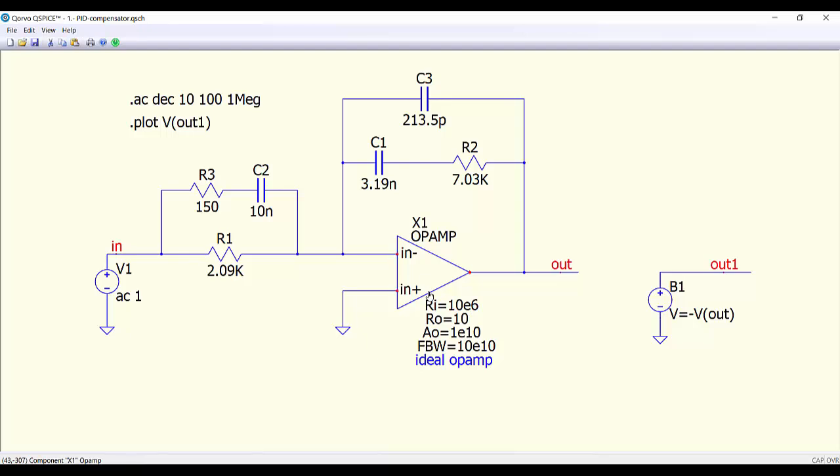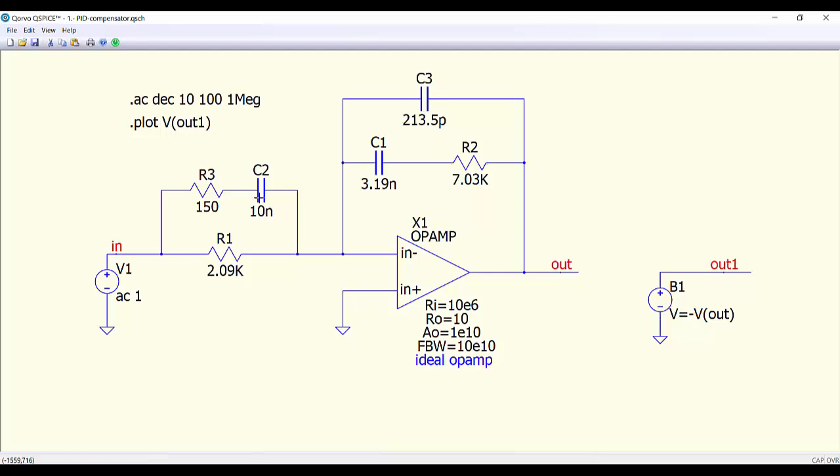So the behavior of the operational amplifier is not going to affect the behavior of the compensator. We have studied how to analyze the effect of the response of an operational amplifier in the response of the final compensator in a previous video, but today we are going to consider an ideal amplifier for simplicity.